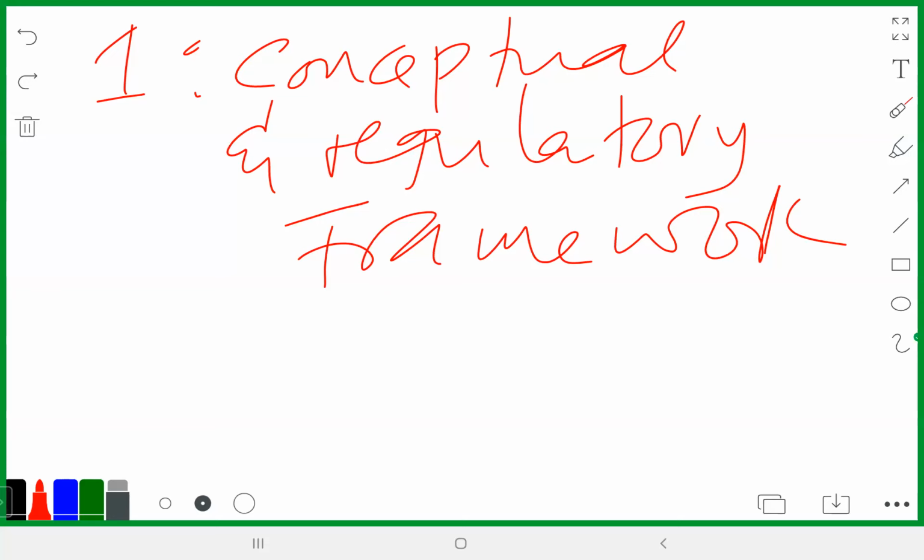You understand them. Then the other thing that you cover in this unit is the regulatory framework. What is it that guides accountants? What are some of the rules and regulations that accountants follow worldwide? What are some of those rules that give uniformity in the way we report as accountants?